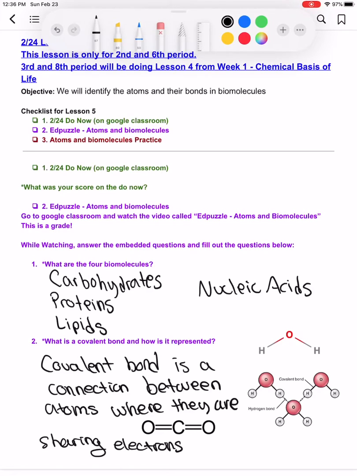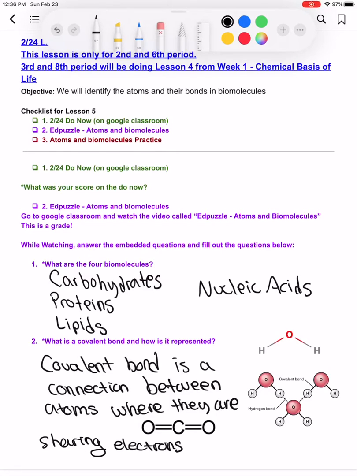Okay, so basically in order for an atom to be stable, it needs to have a certain amount of electrons. And when that doesn't happen, they end up sharing with each other because they're so nice. All right. So we want to be able to identify a covalent bond and then count how many there are, okay?